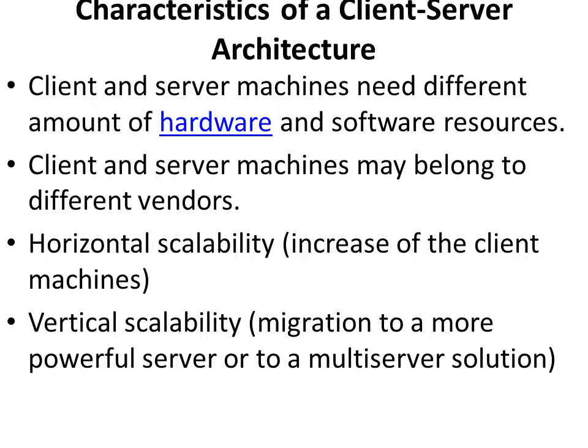When the server machine is upgraded, it is called vertical scalability. That is not a number of servers, but migration to a more powerful server. If you have a server with a lesser configuration, that server can be migrated to a more powerful server having a very good, very high configuration. This is called vertical scalability.